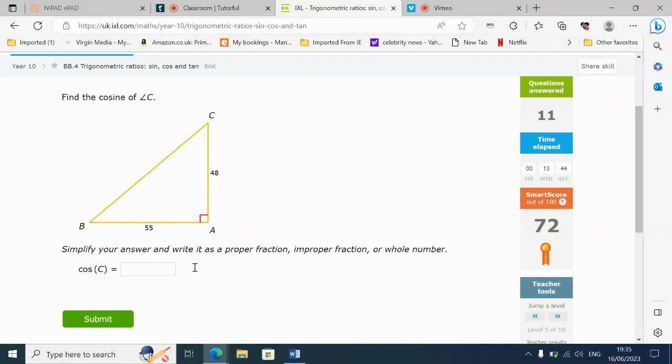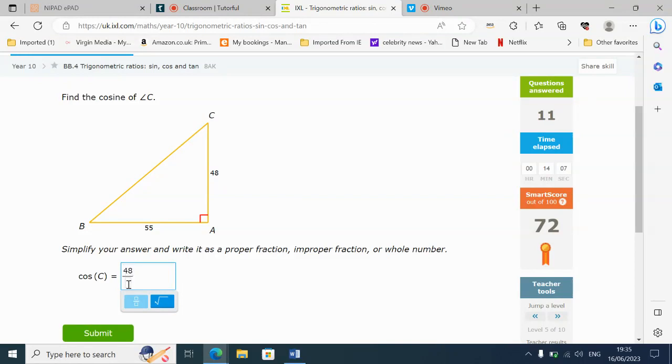Okay, next we've got cos again. Cos is adjacent over hypotenuse. So cos C, adjacent to C is 48.